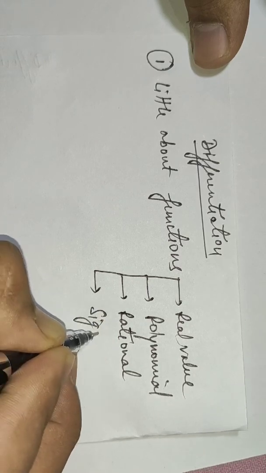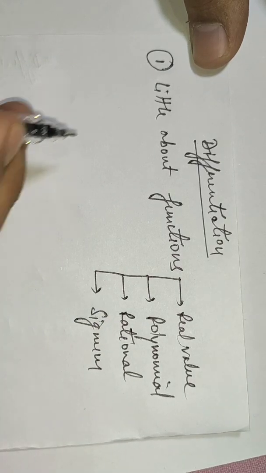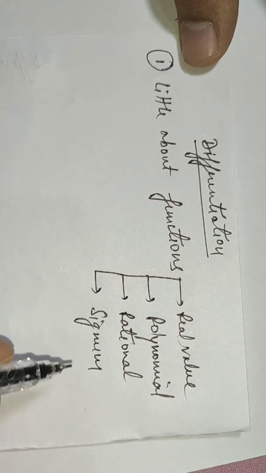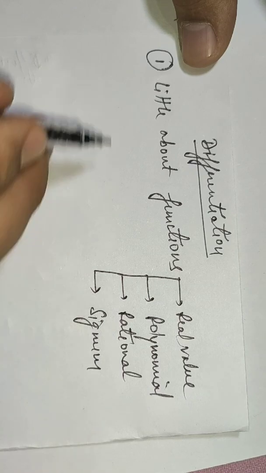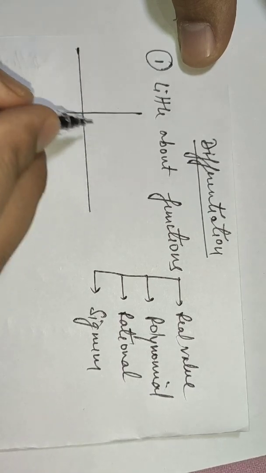Then you know the signum function. What is the signum function? The signum function is a function which takes the value 1 for positive x. The graph of this function will be like this.